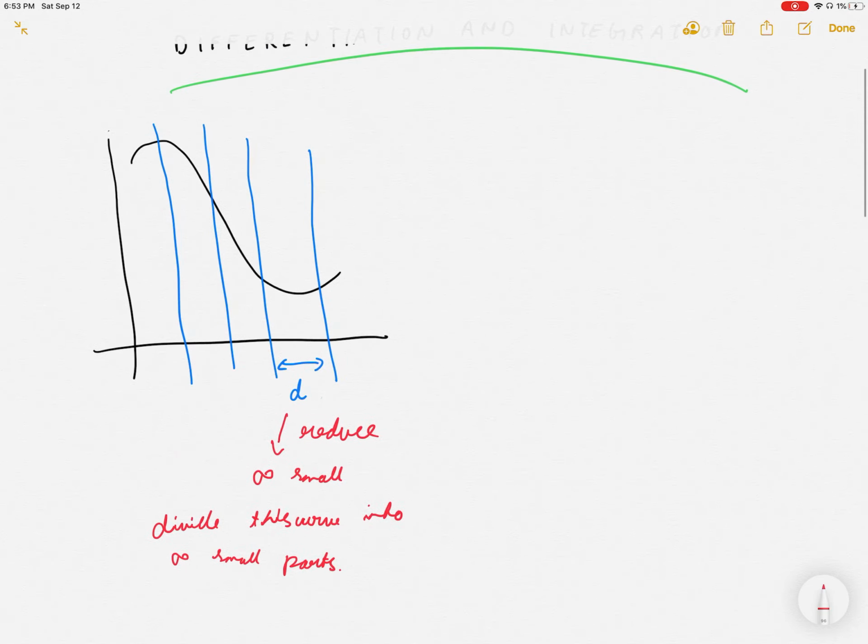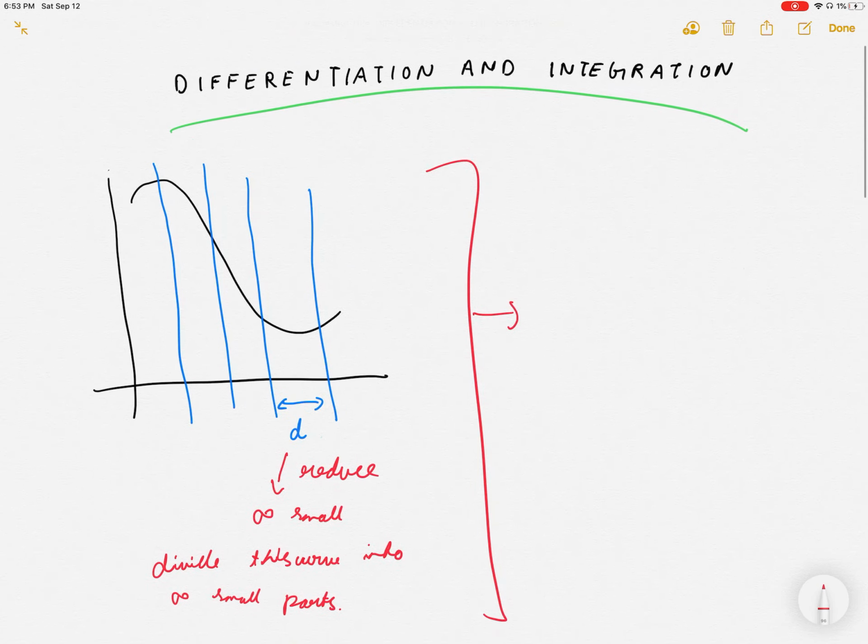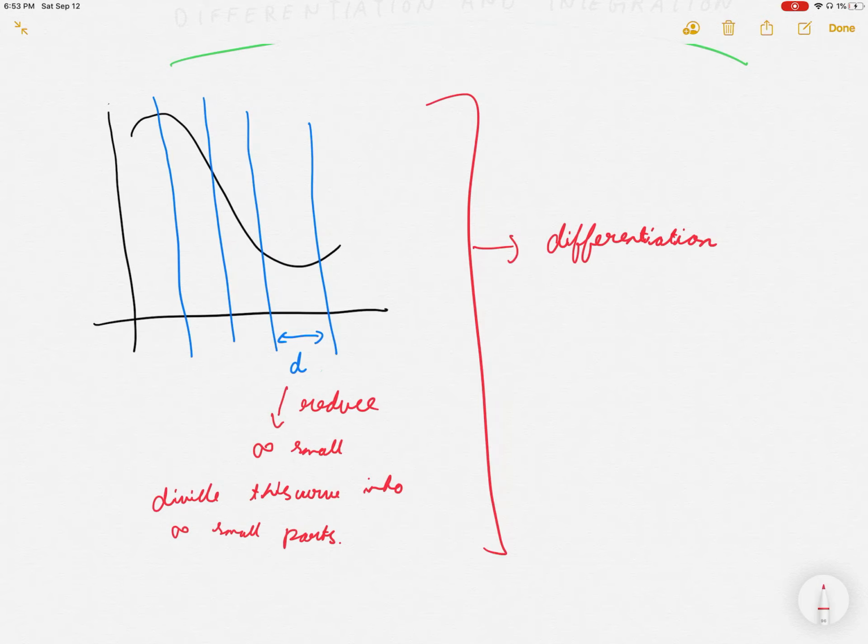So this entire process, before going into the other concept, I'll just mention it over here. This entire process is called differentiation. So this process of dividing a curve into infinitely small parts is called differentiation.